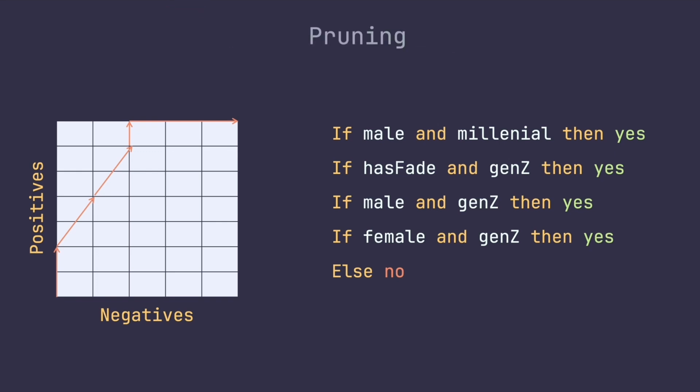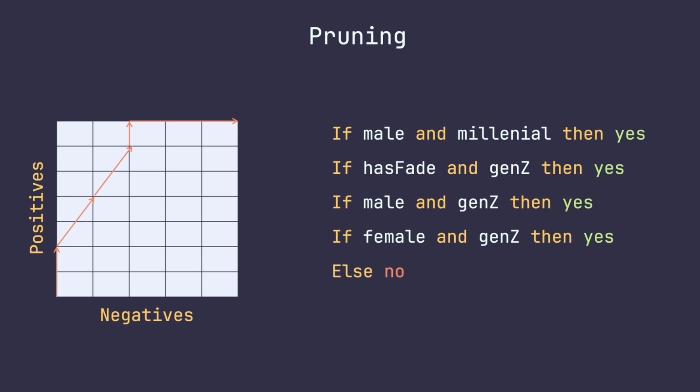Now we can do something called pruning, where we basically look at our data set and see where there might be some inconsistencies or things that we can reduce. One thing that I immediately see is here on the bottom, if male and Gen Z, then yes, and if female and Gen Z, then yes.